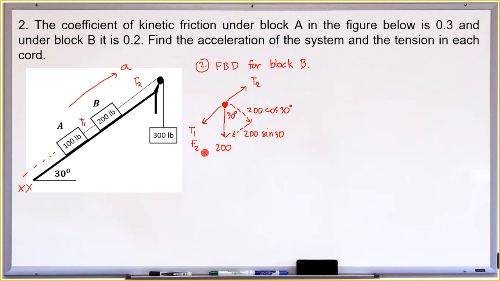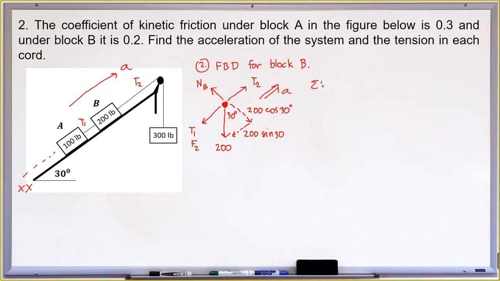Okay, there is friction. And finally, the normal force that acts on our block B. So again, this is the direction of our motion and also our acceleration up the inclined plane.